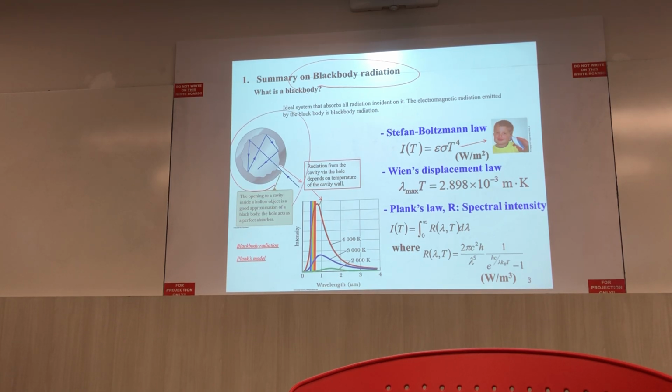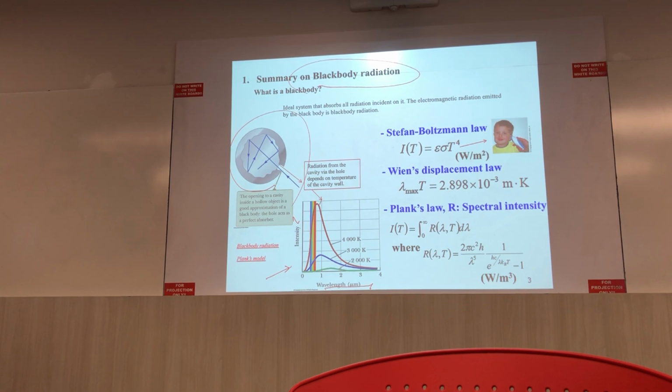From this, we roughly understand what a black body is. And we already know that this black body radiation is temperature dependent. When you look at this graph, our x-axis is the wavelength and our y-axis is the light intensity.